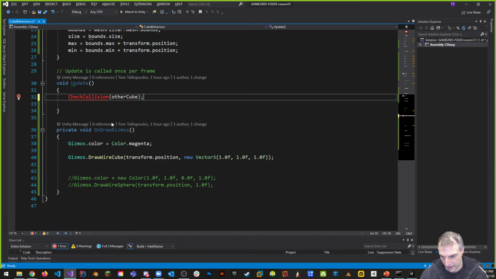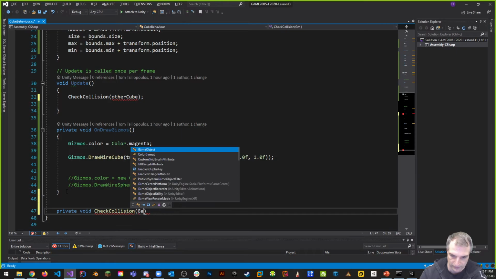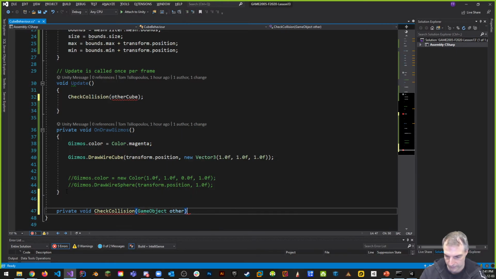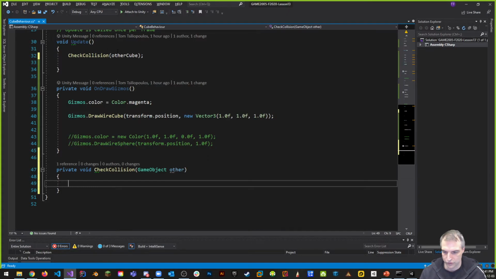We don't have a check collision method. Let's make it private void. Actually, we'll make it void for now, because we'll just check on the stuff and check off. Private void CheckCollision, and we'll pass in a game object that's called other. So every frame we're checking to see if we have a collision with the other object.